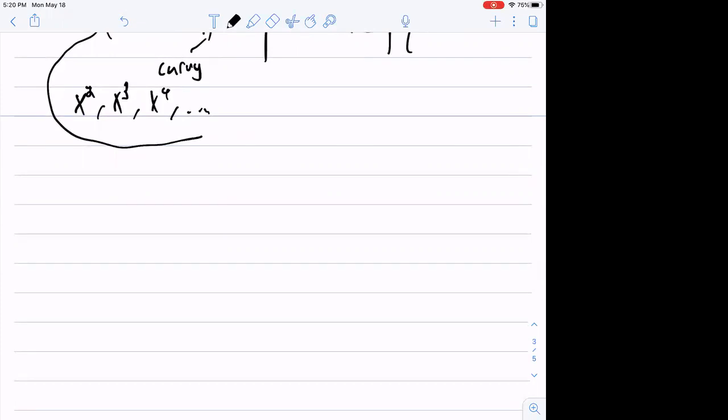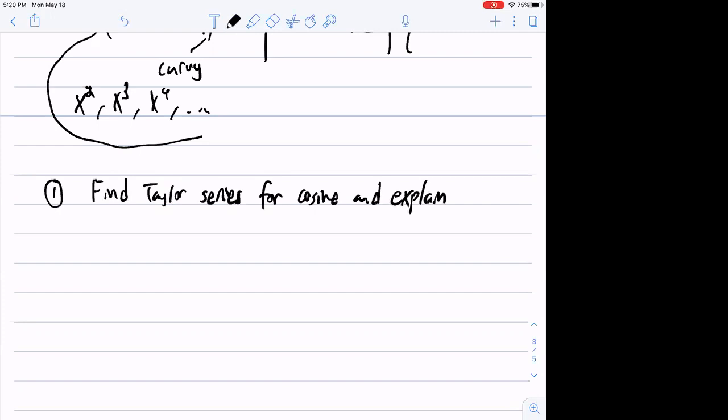So let's start doing questions for today. Find the Taylor series for cosine, and explain why cosine of x is equal to its Taylor series.